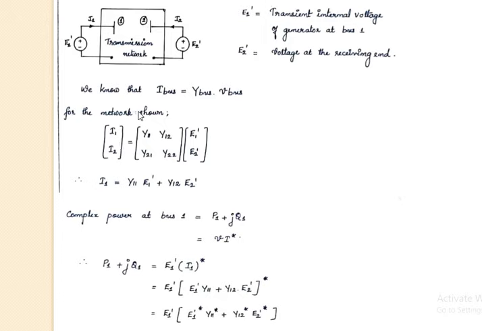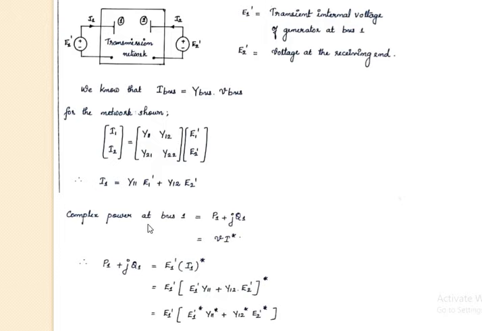Now for the network shown, instead of I bus, there are two currents, I1 and I2. That is, I1 is the current in bus 1 and I2 is the current in bus 2. The elements are Y11, Y12, Y21, Y22, and the voltages are E1' and E2'. From this I can write I1 is equal to Y11 into E1' plus Y12 into E2'.